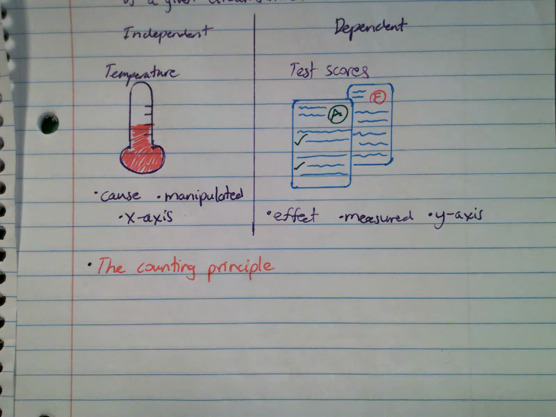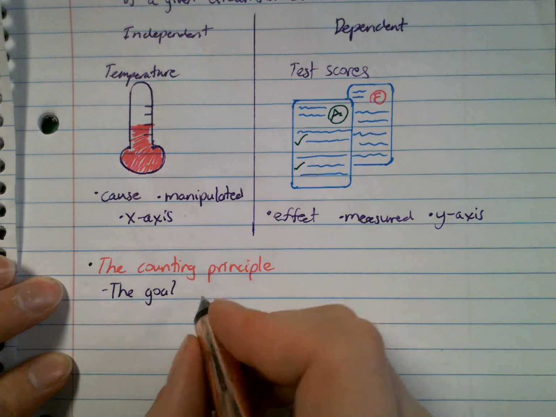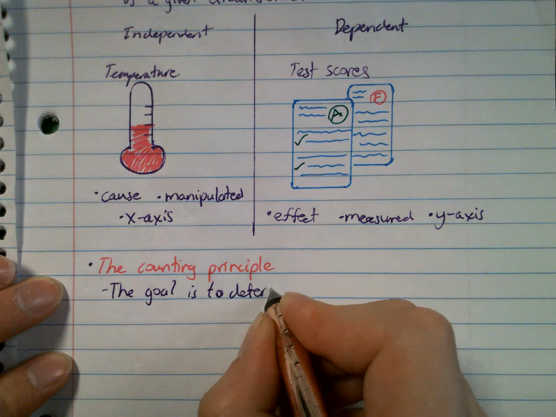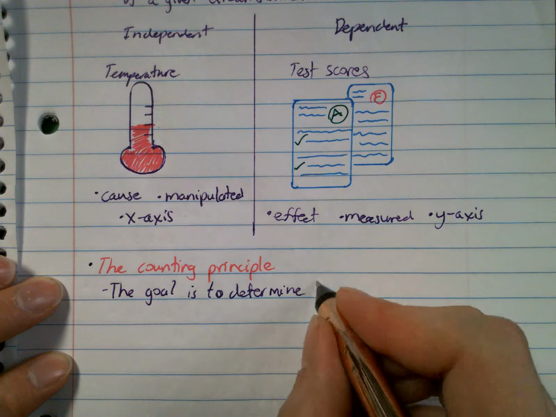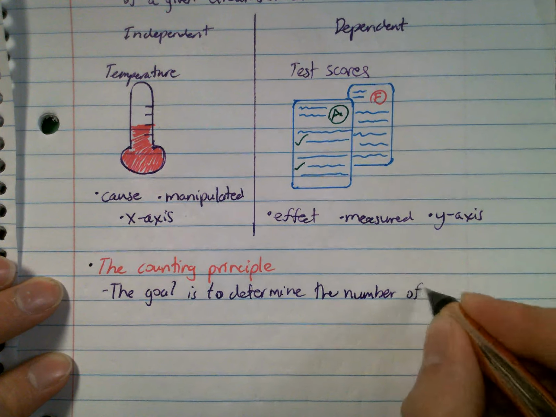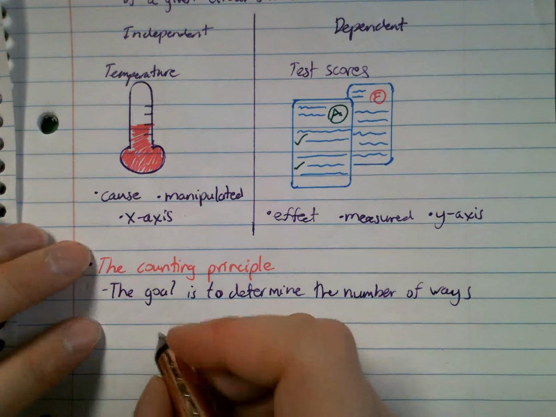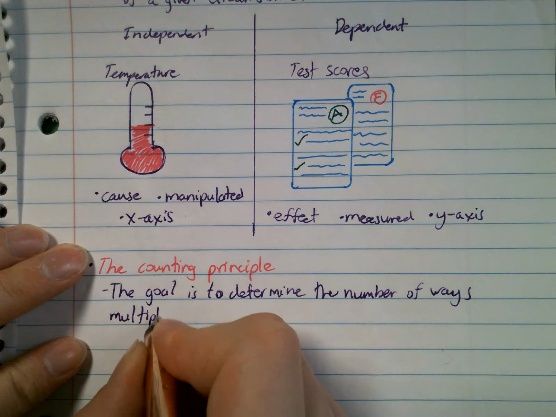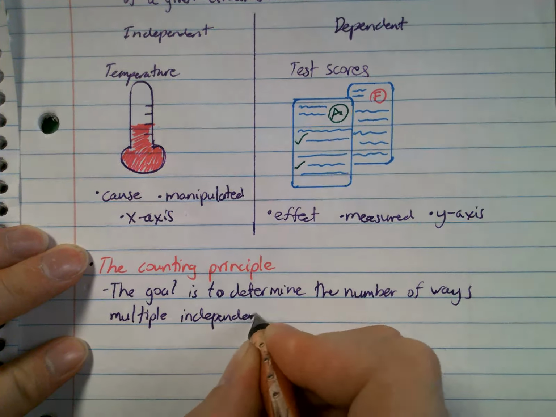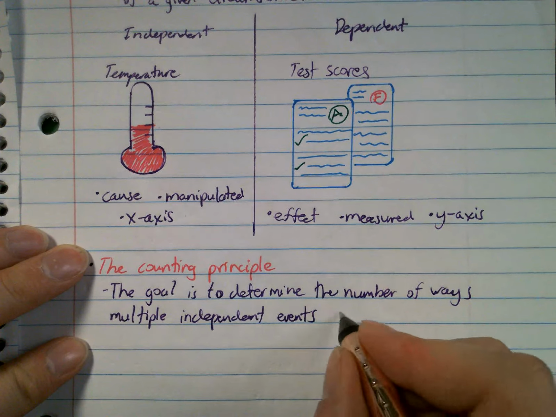Now the goal is to determine the number of ways multiple independent events can occur.